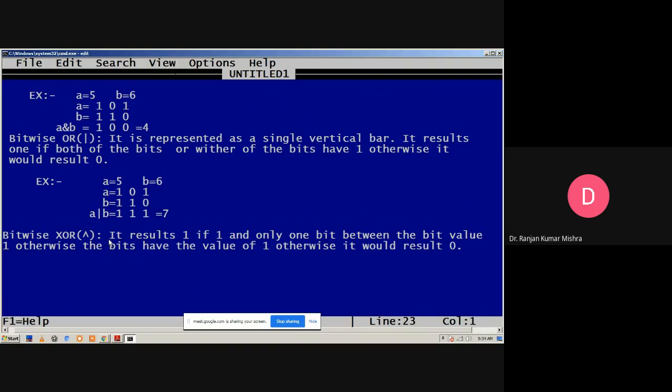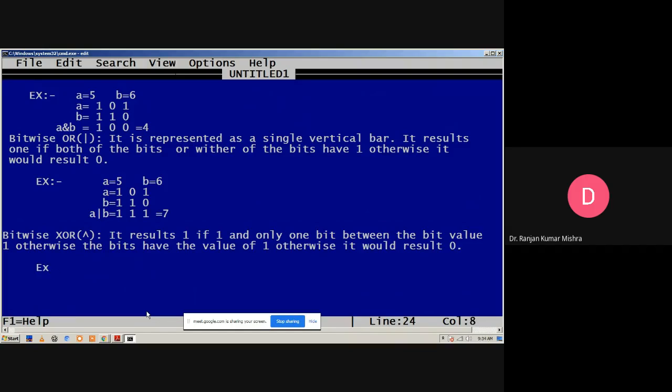That means it results 1 if one and only one bit has the value 1, otherwise 0. Basically, to understand this, let us see an example.